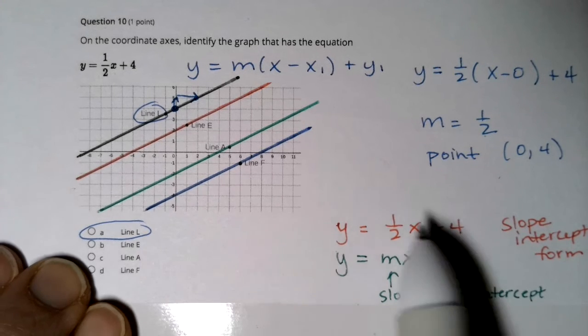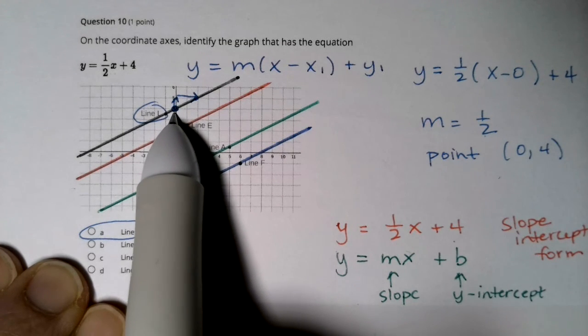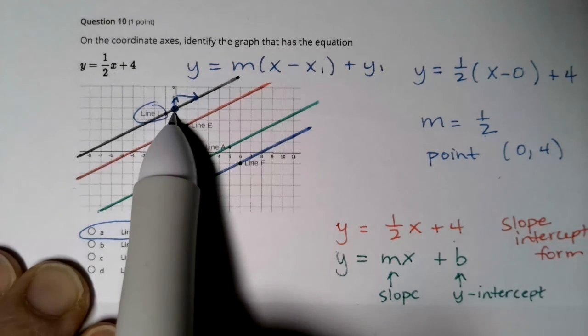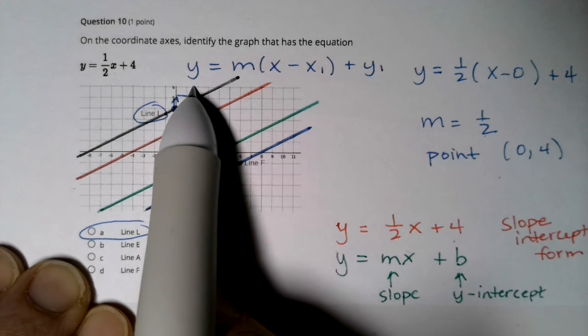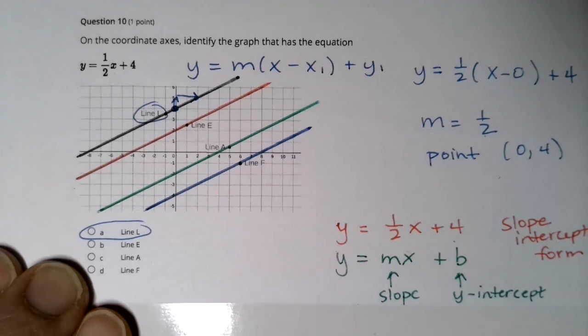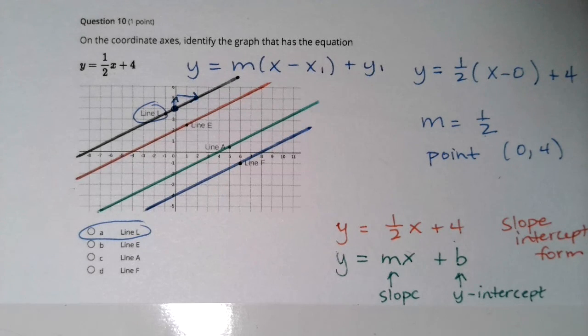And so if you look at 4, 4 is the value where the graph crosses the y-axis, and the slope being 1/2, up 1 over 2, does match up there. So there's kind of two ways of thinking about this problem.